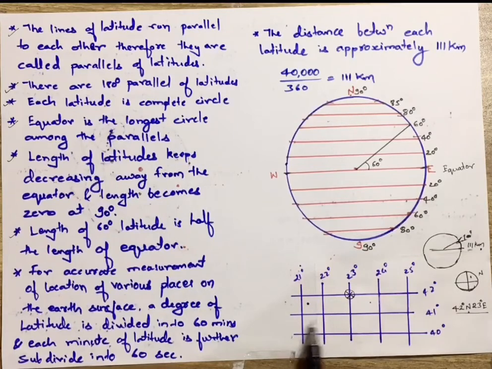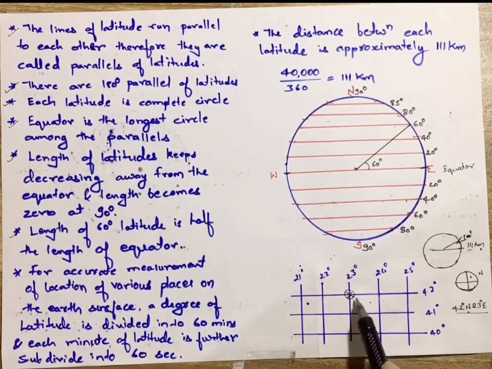Students, you can see I have drawn a grid system over here, a network of latitudes and longitudes. Now, if you want to find out the location of this place, you can see over here, this is easy, as it is lying on the latitudinal line and longitudinal line.